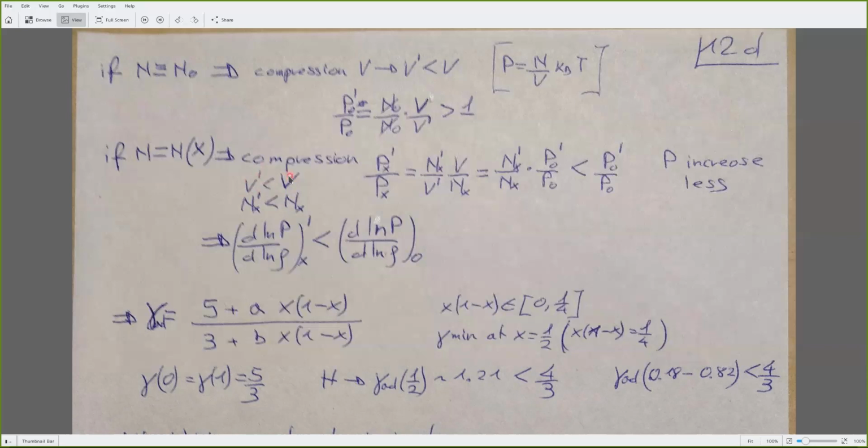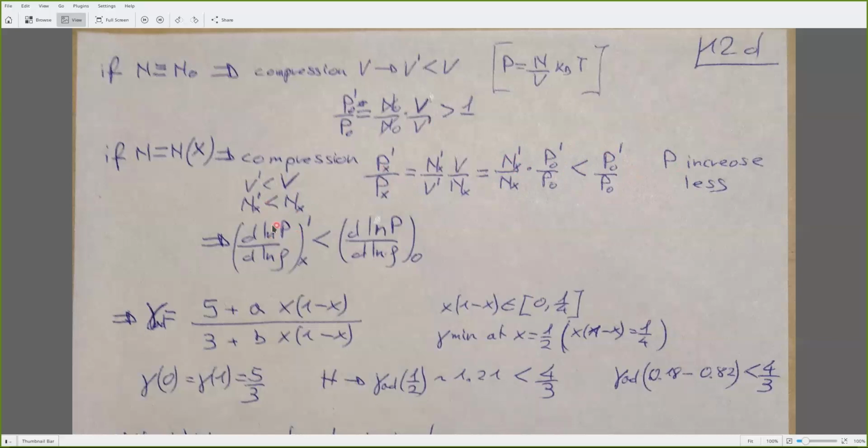The value decreases, and as I said before, with the compression the recombination is enhanced, so also the number of particles decreases. Doing the calculation, the new value is this, and this is less than 1, so we have the old value multiplied by less than 1, so the pressure increases less.